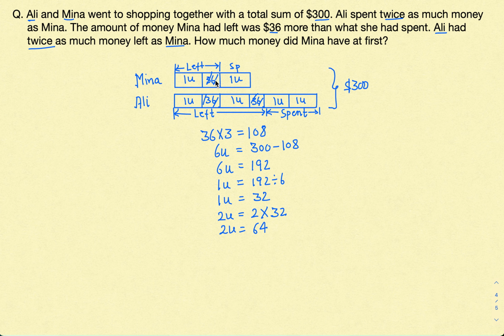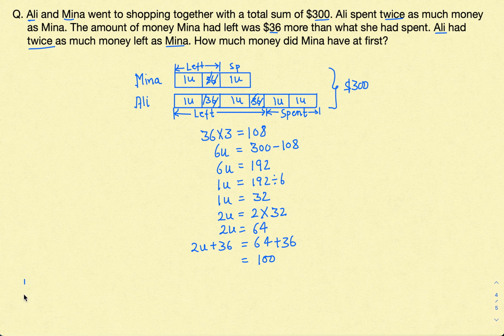We just need to add another 36 to find out how much Meena was having at first. So 2 units plus another 36 will be 64 plus 36, which gives us 100. That means Meena was having $100 at first.